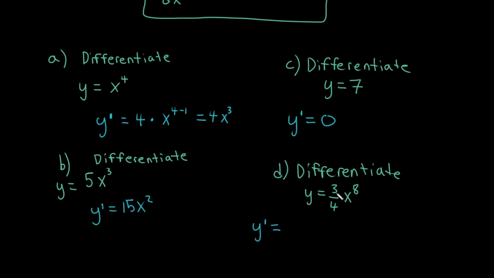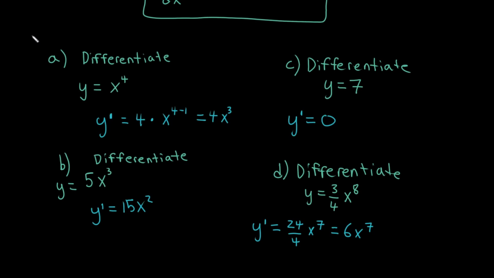So 8 times 3 is 24, 24 over 4. We write x to the 8, and we subtract the exponent by 1, so it becomes x to the 7. And we can simplify this. 24 divided by 4 is 6. So the derivative is 6x to the 7.